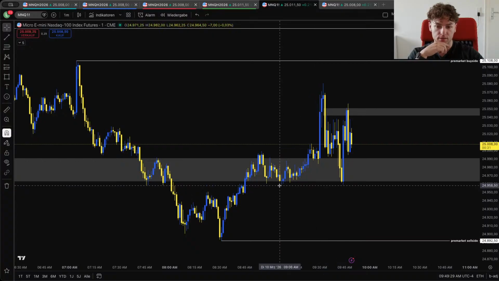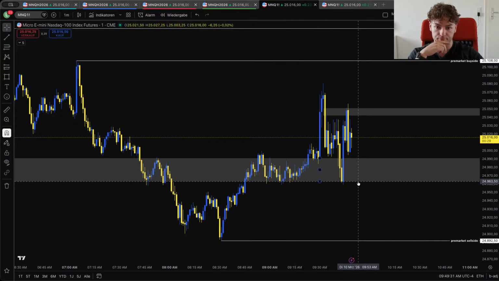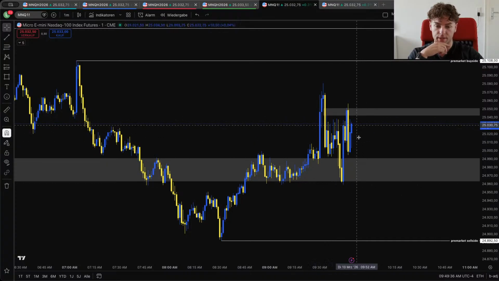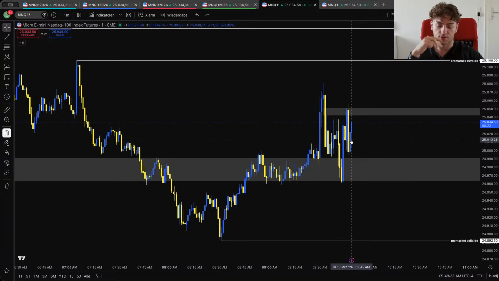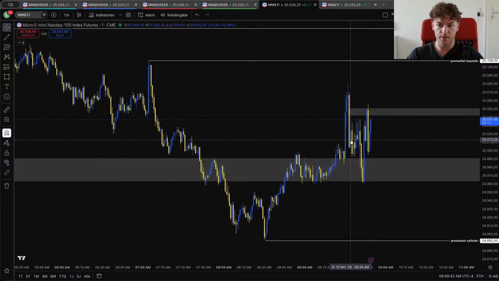So sell side still intact. Seems like we are consolidating to create some kind of sentiment.